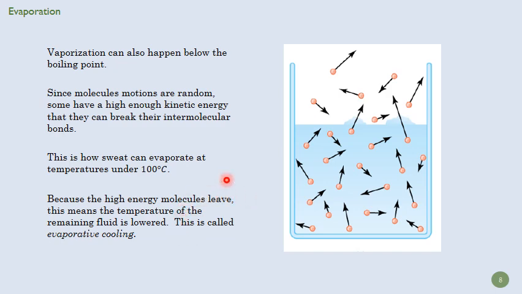Because you've taken a lot of kinetic energy away. It lowers the average kinetic energy of the remaining molecules, and that means the temperature is lower. And then your skin has to use energy to warm that now cooled fluid back up to the temperature of the skin. And that's how evaporative cooling works.